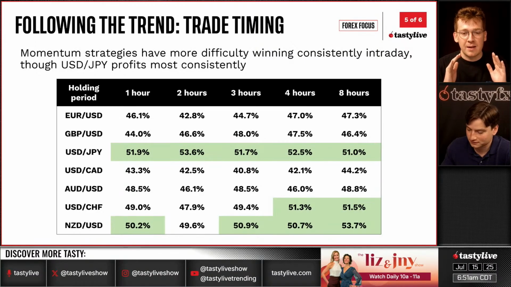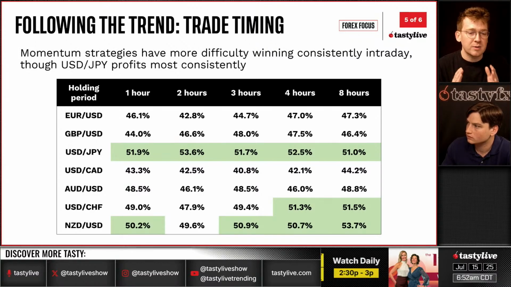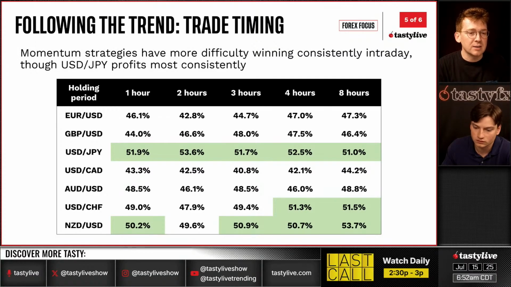But anyways, I say all of this because if you did want to follow the trend in dollar yen, having a 53.5% win rate, as long as you are closing your losers for the same amount that you're closing your winners, you have some kind of symmetrical win-loss, you're going to be able to theoretically operate in a profitable area.